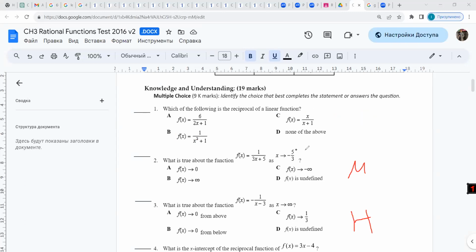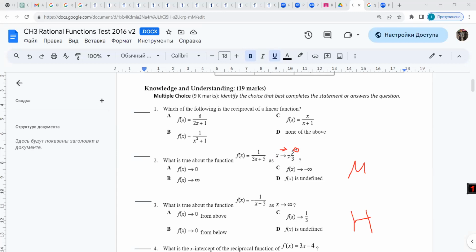Then for Muhammad, what's the plus on top of 5 for my question? So plus on top of 5 means, so how do you read this? What is true about this function as x, and this x and arrow, we read it as x approaches negative 5 over 3.